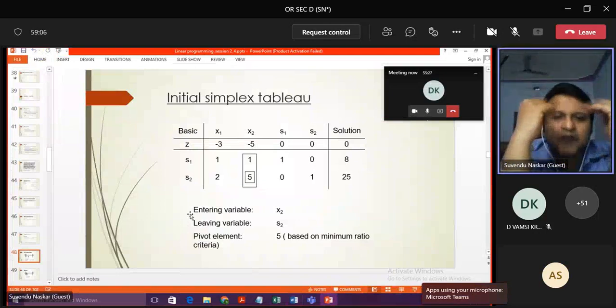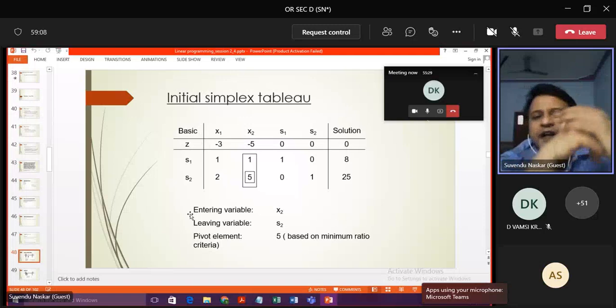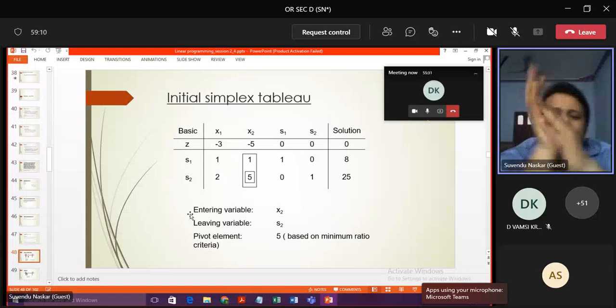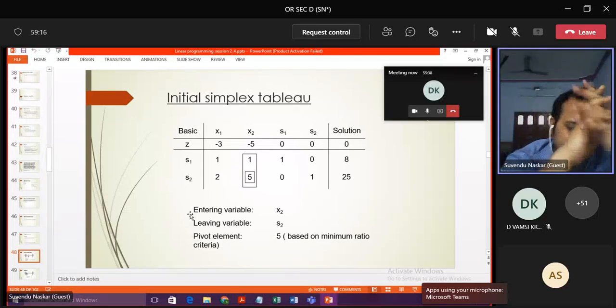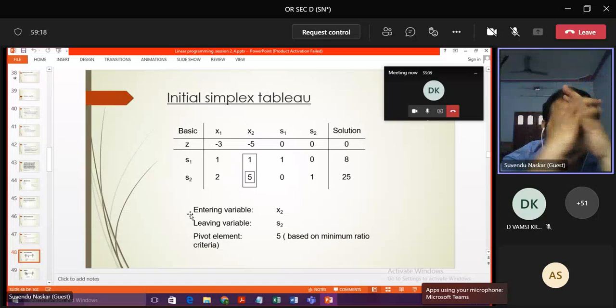So now what we are going to do is identify the variable which has the highest impact on my objective function. I'll repeat again. Identify the variable which has the highest impact on my objective function.